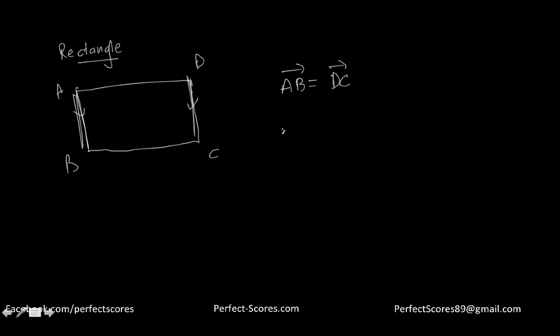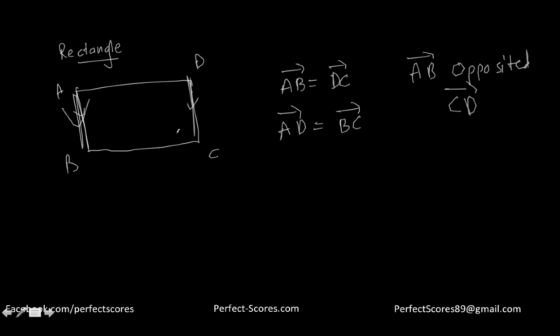Similarly, vector AD is equal to vector BC. However, vector AB is the opposite of vector CD, because AB is in this direction and CD is in this direction. So this is how you represent vectors.